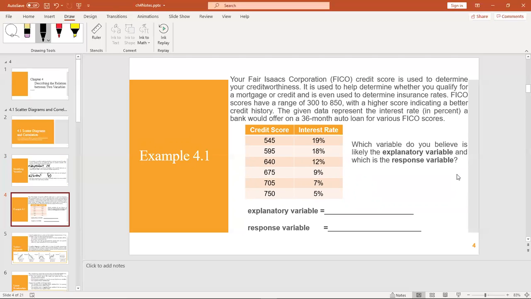And so as a reward for having a good credit history, people who apply for loans can often get lower interest rates if they have good credit history already, because they're viewed as less of a risk. So in this example, the explanatory variable is going to be your credit score.